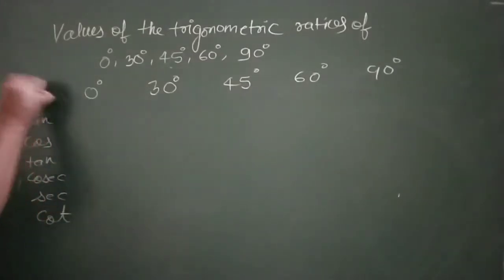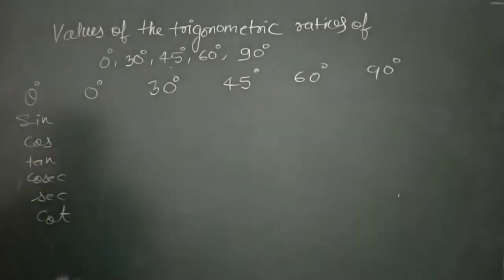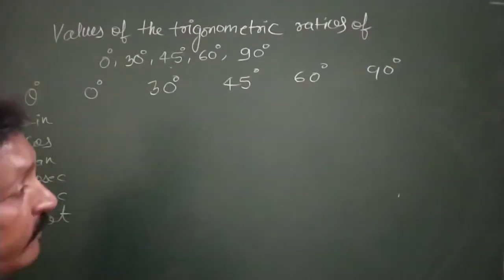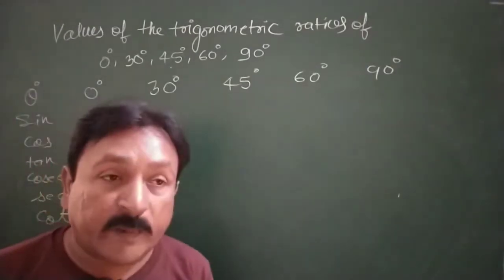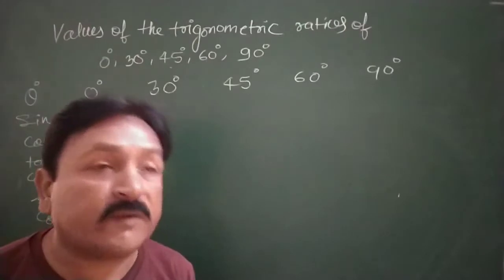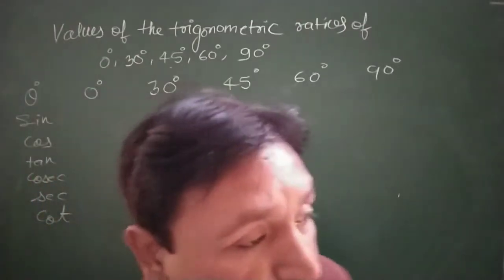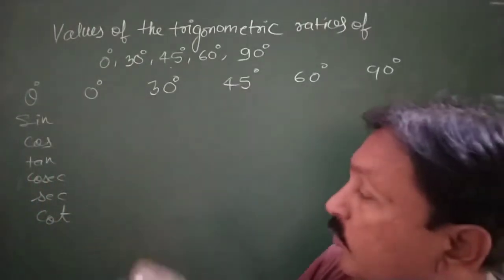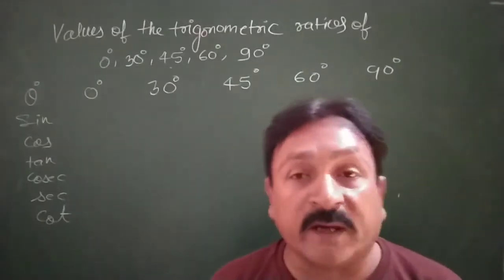I will tell you how to form this table, and you have to learn this table also, because without the knowledge of this table you will not be able to solve exercise 8.2.